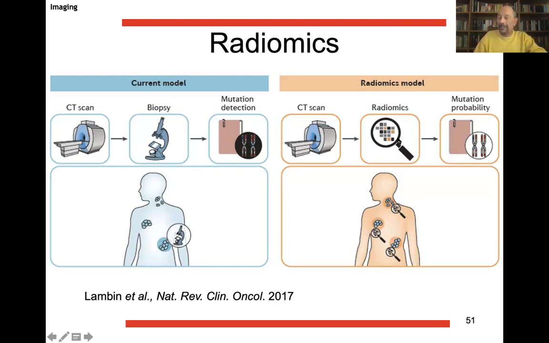But with radiomics, people want to do it much shorter. So you look at the CT scan, and from the features of the image, which sometimes you have to detect with artificial intelligence, you can also derive the genetic information on the patient. So you don't need a biopsy and don't need to wait for weeks to have the results, but you have the information directly from the image.